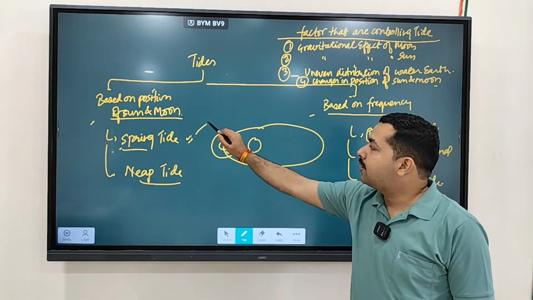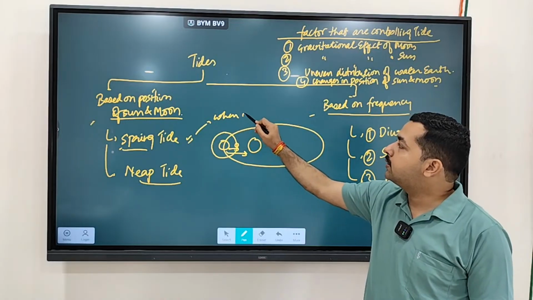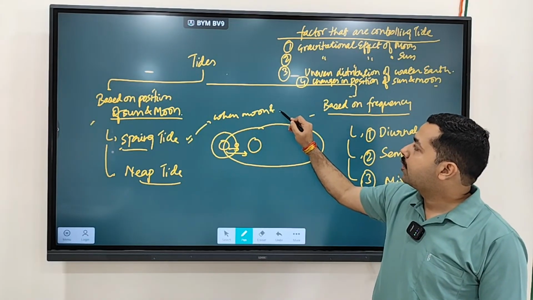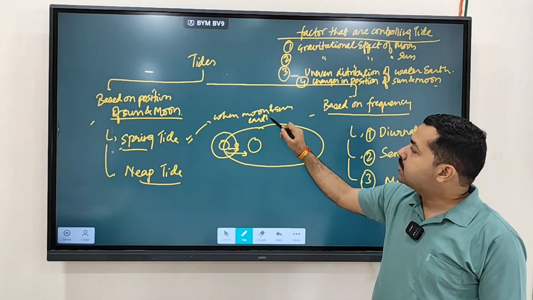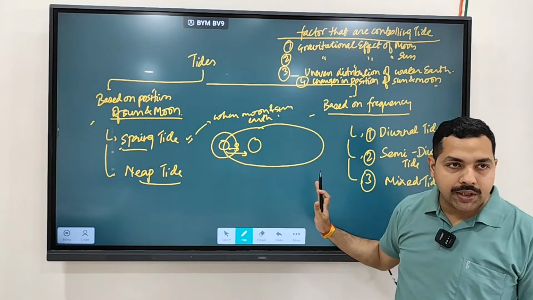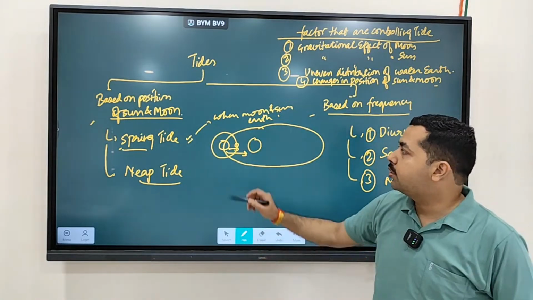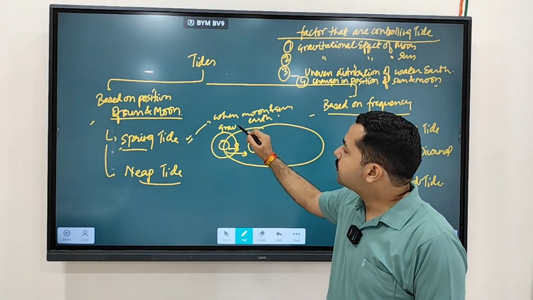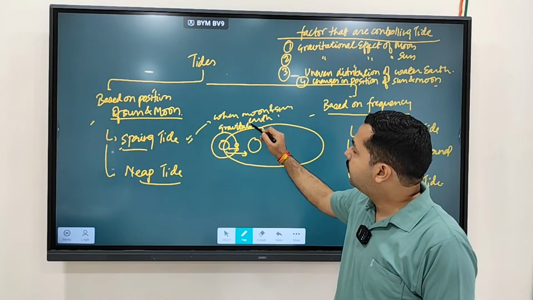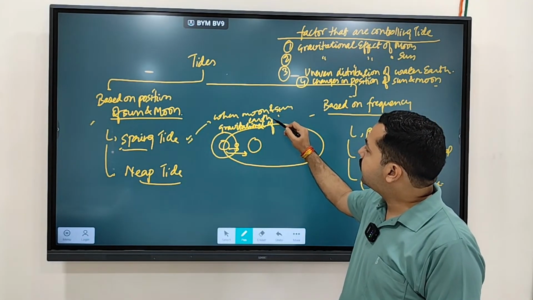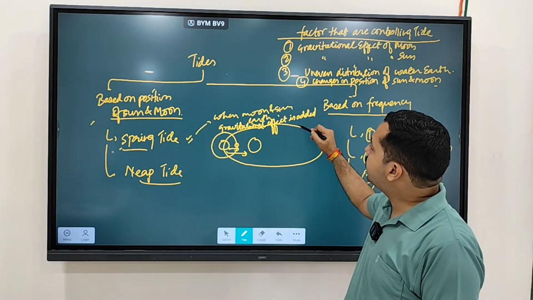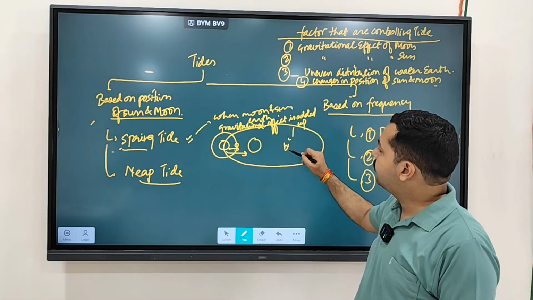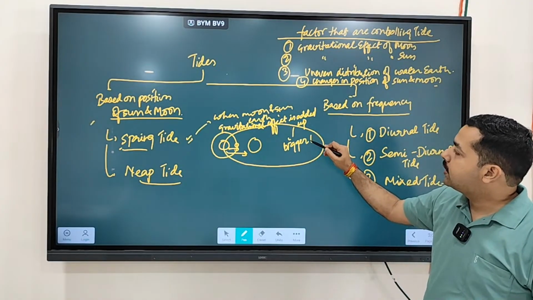So when sun, moon and earth all come in the same line, the gravitational effect is going to be added up. As a result, you'll see bigger tides.